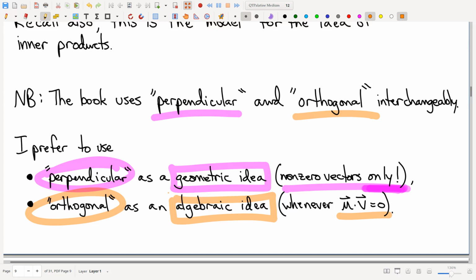So we have two different ideas that apply in two different areas of math, arguably, to two different collections of vectors, heavily overlapping, of course, and we have two different words with which to describe them. And I think it makes sense to use one for the one and the other for the other, and not to conflate them. So I make every effort to get this right.